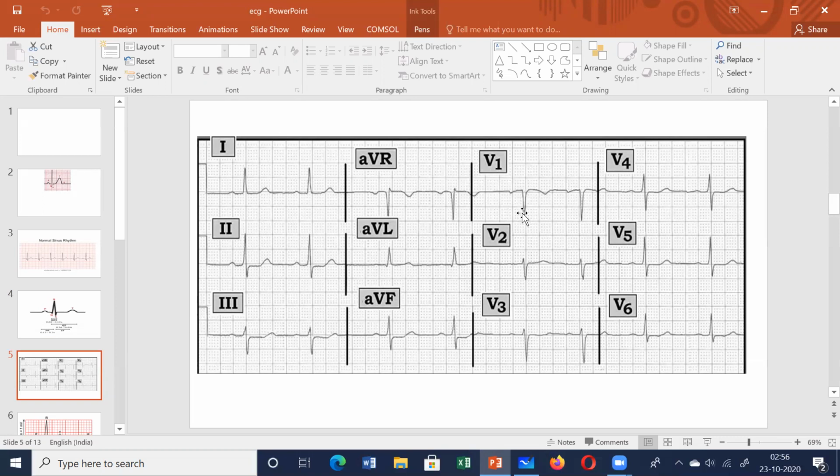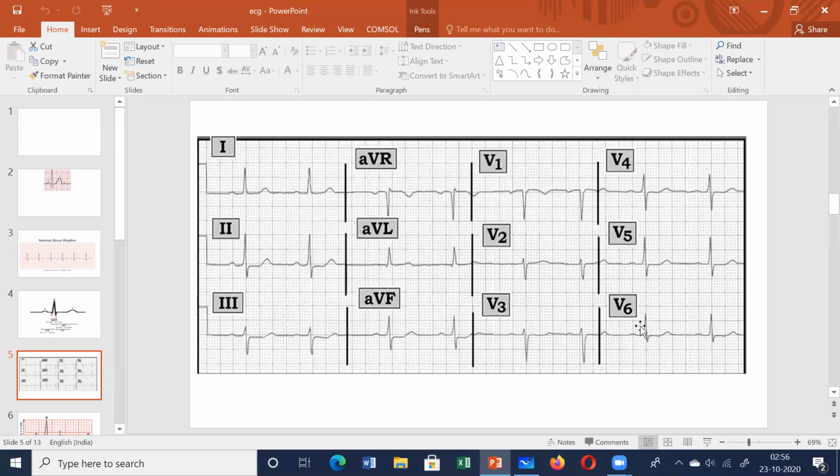This S wave in V1 plus the R wave in V5 or V6, not both, either V5 or V6. Add up these two, S of V1 plus R of V5, or S of V1 plus R of V6.